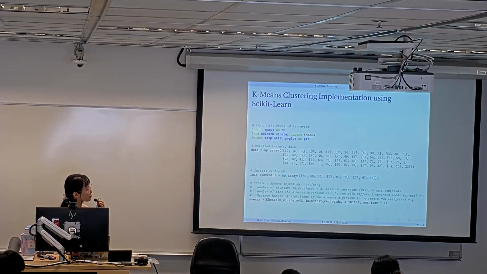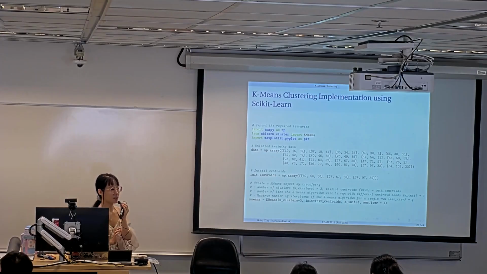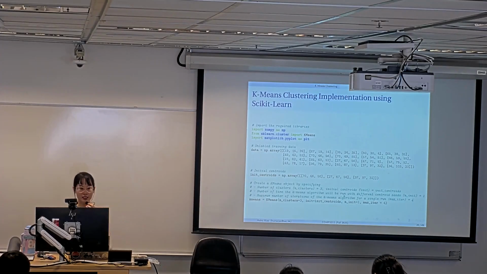But if you let init be random, then possibly you will end up with a different clustering and different centers, because it is sensitive to the initial centers. All right, any questions related to the implementation using scikit-learn?